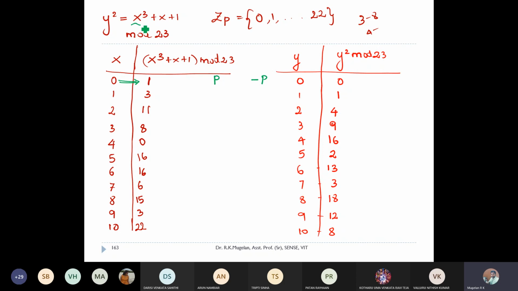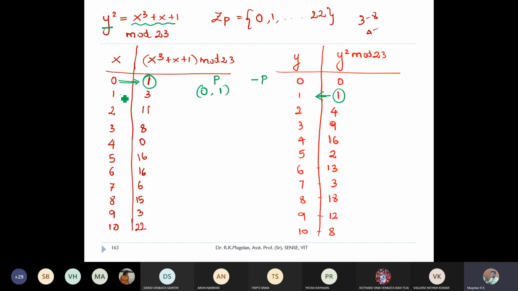I have to get this side also 1, meaning the 1 is present here. So the respective y coordinate will be 1. When x is equal to 0, my y should be 1, then only I can satisfy this expression. When x equal to 0, I'm getting 1 as output. Again, when y is equal to 1, I'm getting 1 as output. So the first point is 0, 1.